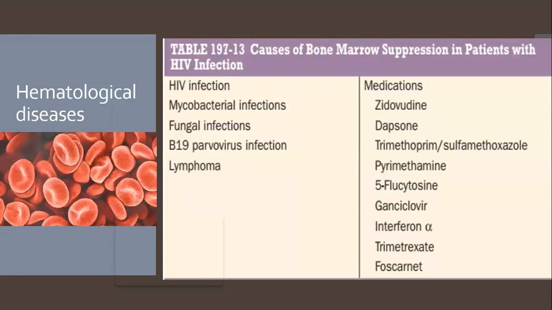Hematological disease is also very important because many opportunistic infections like parvovirus B19 infection can cause pancytopenia, anemia, thrombocytopenia, etc. Mycobacterial infection, bone marrow tuberculosis can cause pancytopenia. Bone marrow may be affected by fungal infections and cause all these things. HIV infection itself can cause bone marrow suppression.